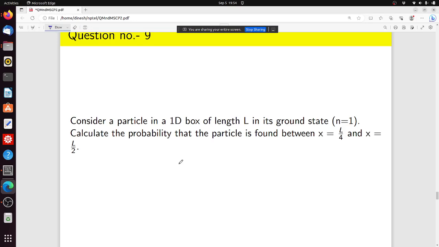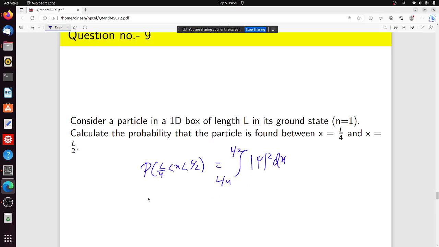Consider the same, you can do it. You have to calculate the probability of the particle being in the range L by 4 to L by 2. What you have to do is calculate this integration from L over 4 to L over 2.